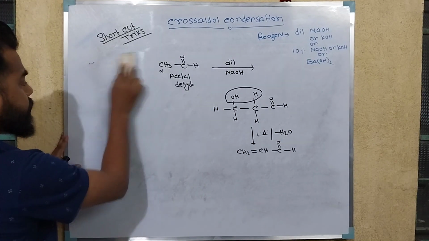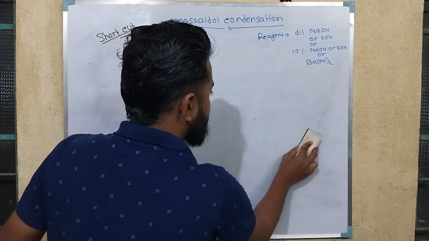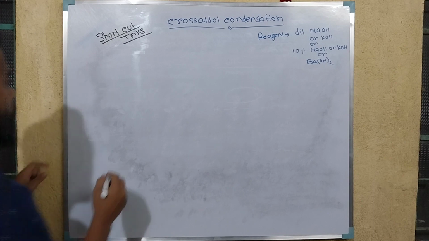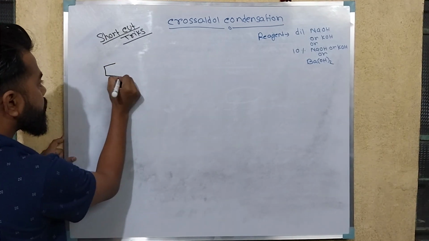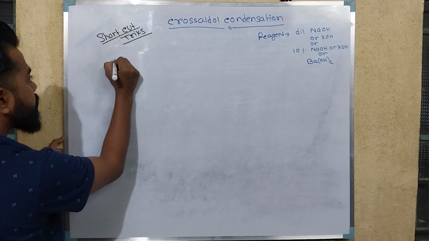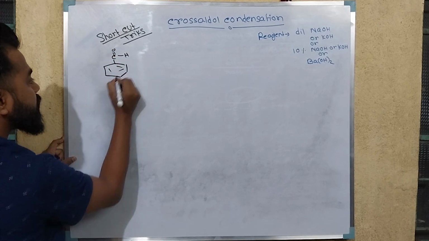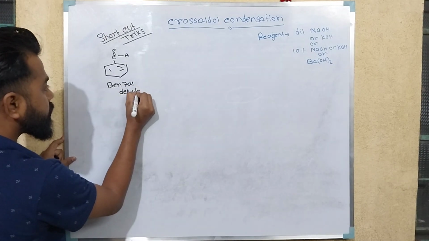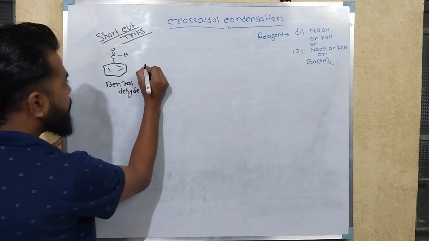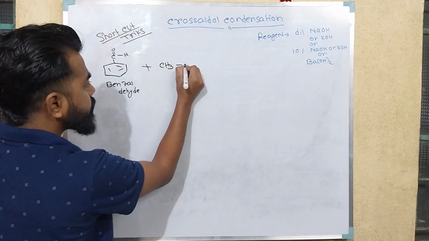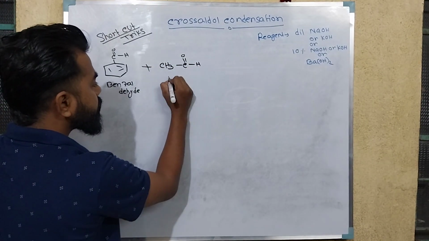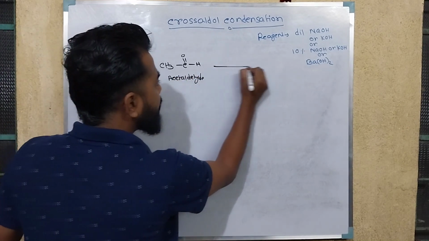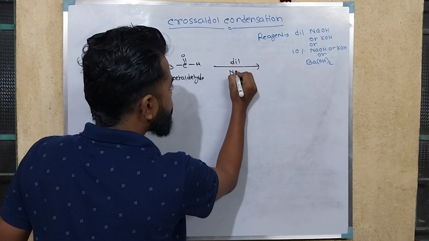Next example, this is benzaldehyde. If it reacts with acetaldehyde, reagent dilute NaOH.